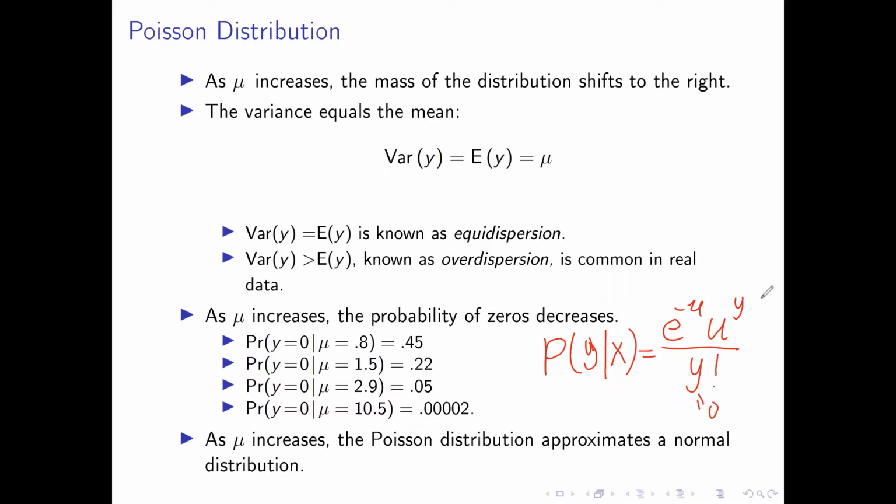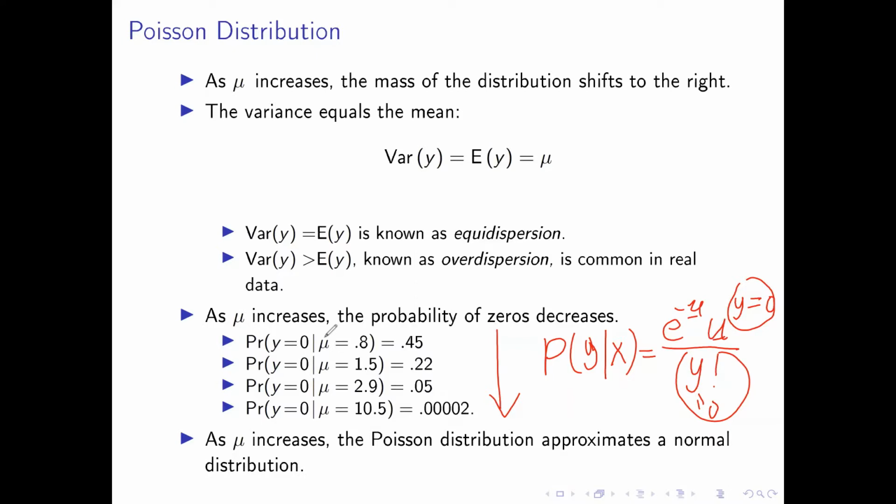What we're going to do is try different values of mu. Once we have mu, we can calculate the probability, since we know e is a constant, an irrational number, Euler's number. If we increase mu, the expected count, we can see the probability goes down. So mu equal to 0.8, then the probability of zero count is 0.45. The next one is 0.22, the next one is 0.05, then it's 0.00002.